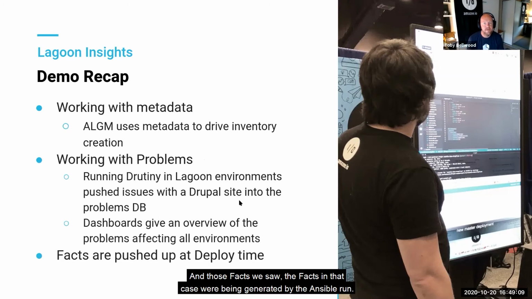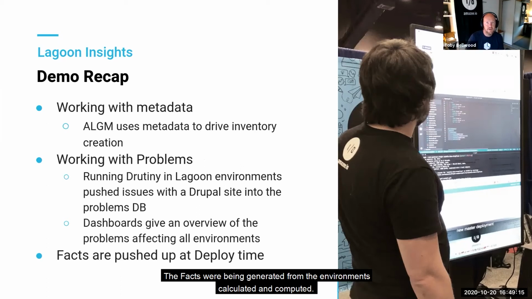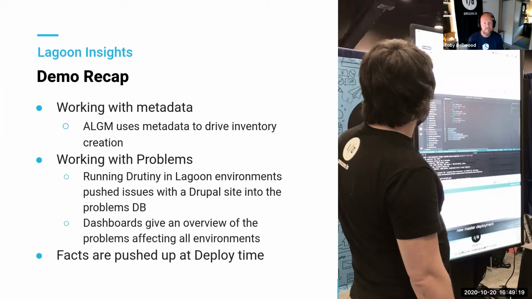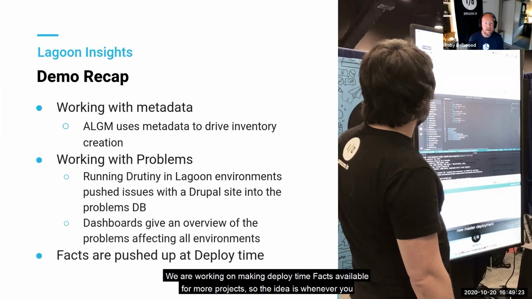And those facts we saw, the facts in that case were being generated by the Ansible run. The facts were being generated from the environments, calculated and computed. Exactly right. We are working on making deploy time facts available for more projects. So the idea is, whenever you deploy a container into Kubernetes, its state can change.